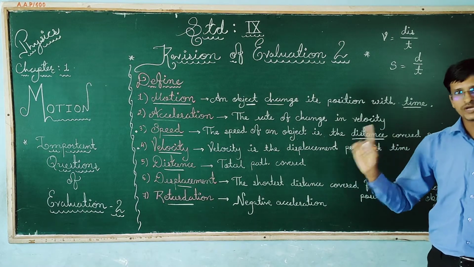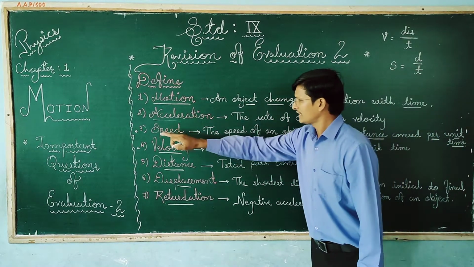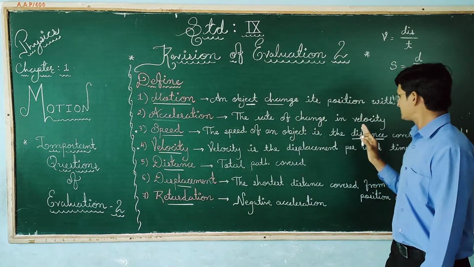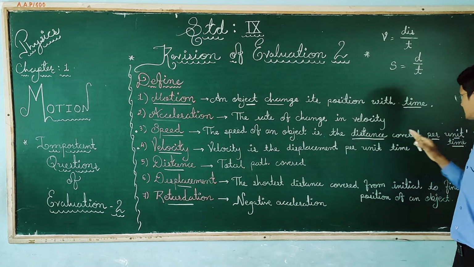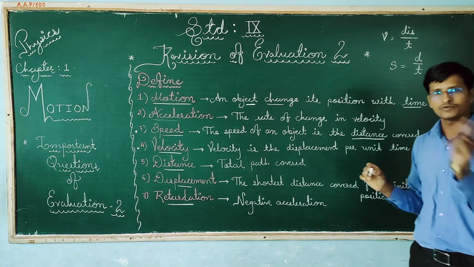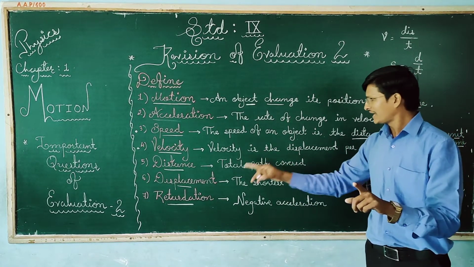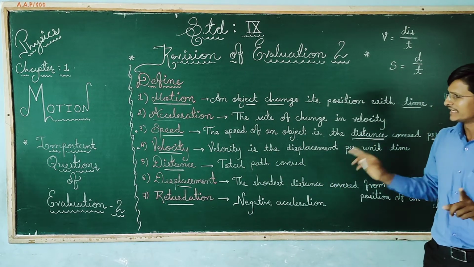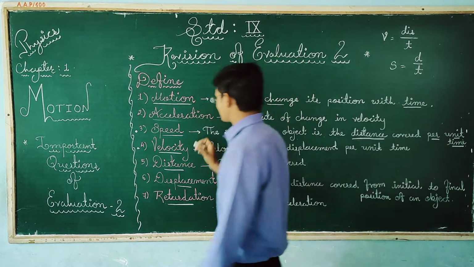My dear students, are you clear? Speed and velocity. Speed of an object is the distance covered per unit time, and velocity is the displacement per unit time.